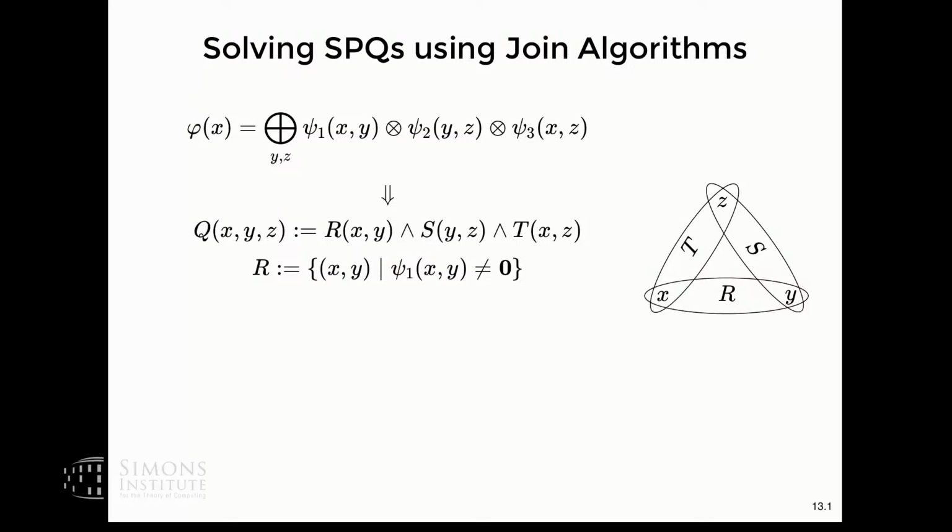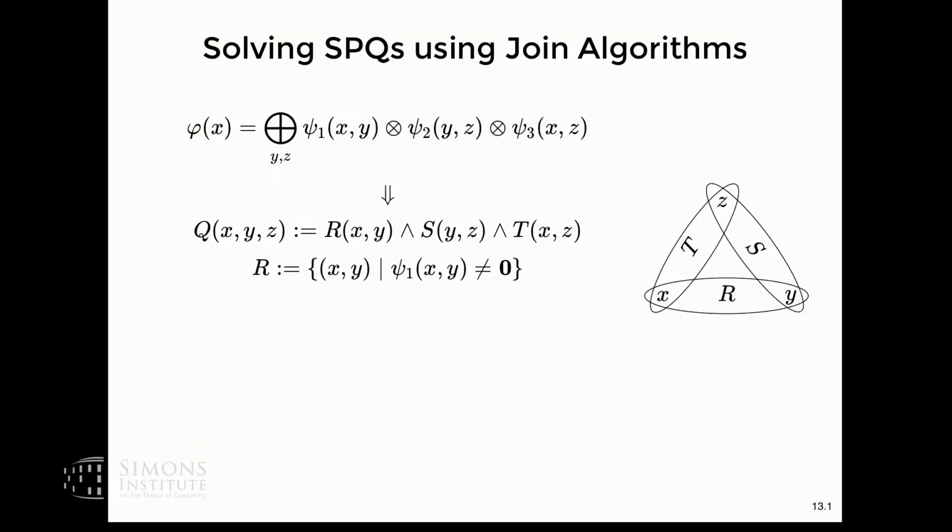So for any tuple xyz that does not satisfy the conjunction, its contribution to this product is going to be 0, and therefore its contribution to the summation will also be 0. So we can ignore it. So we can only focus on tuples xyz that satisfy this join. This is basically the idea why we can reduce this into a join query.